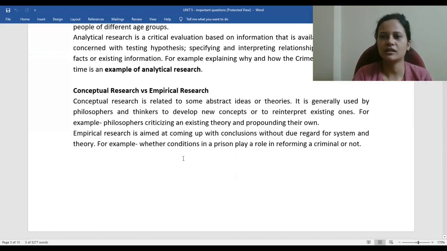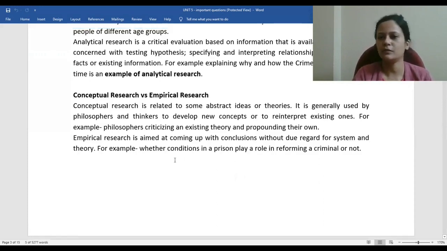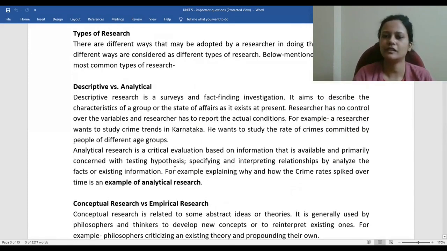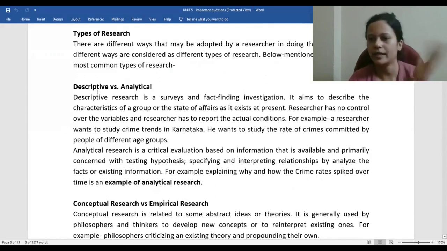They are not concerned with the theories or bookish knowledge, but they will visit the field, and based on whatever they have observed they will conclude. Descriptive and analytical. Descriptive, we simply want to describe something. Analytical, once information is collected, by whatever mode, we want to analyze that information as well.